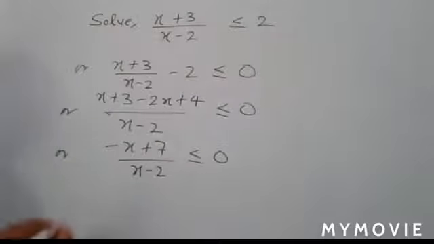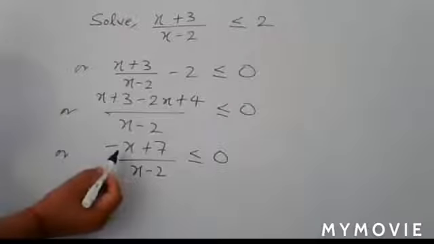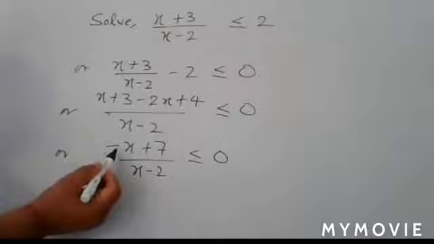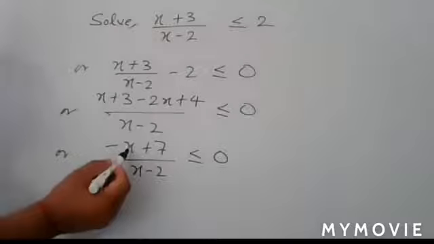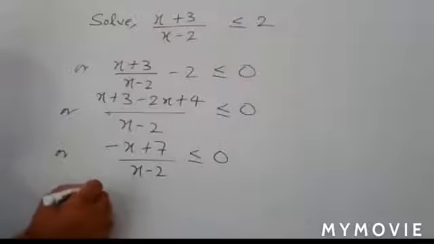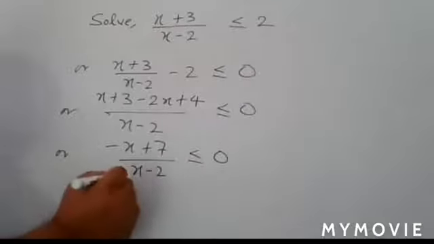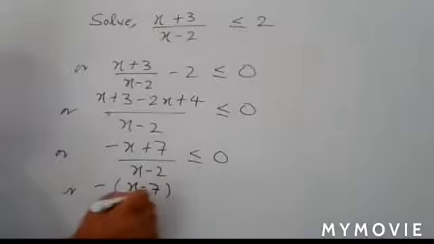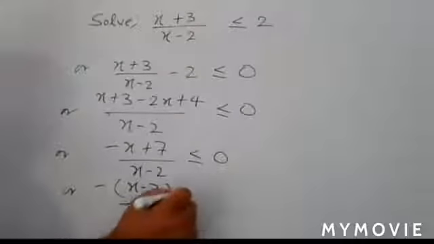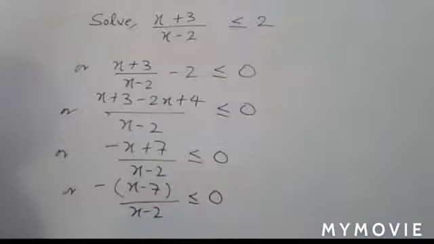Now the variable x is negative, so you take minus common and make it positive. So you have -(x - 7)/(x - 2) less than or equal to 0.